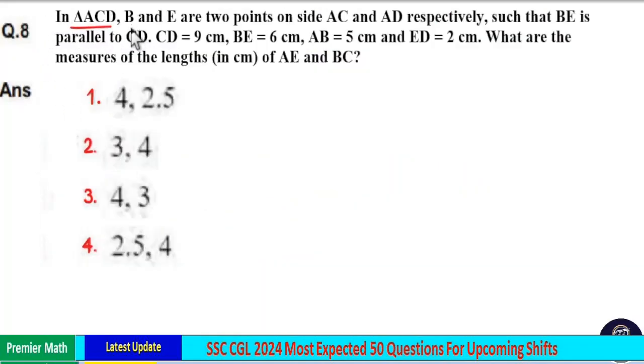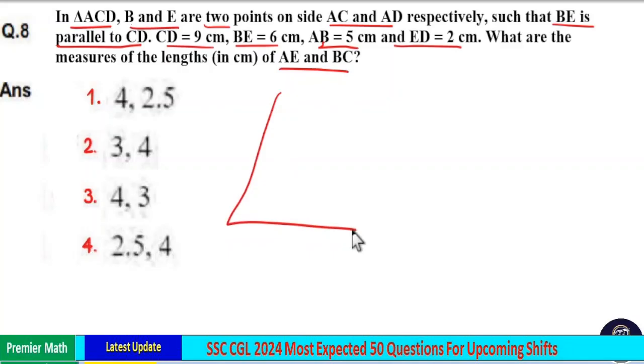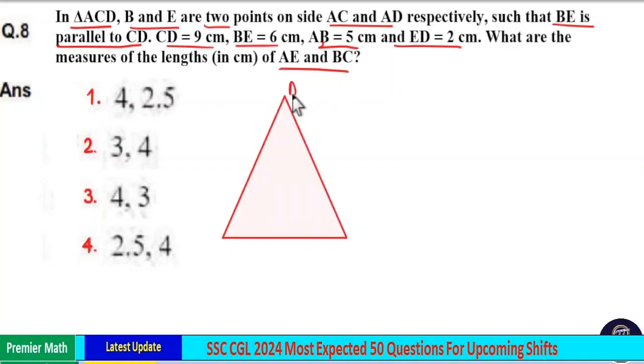In triangle ACD, B and E are 2 points on side AC and AD respectively, such that BE is parallel to CD. CD is 9 cm, BE is 6, AB is 5 and ED is 2. What are the measures of length in centimeters of AE and BC? Here, consider this as triangle ACD.